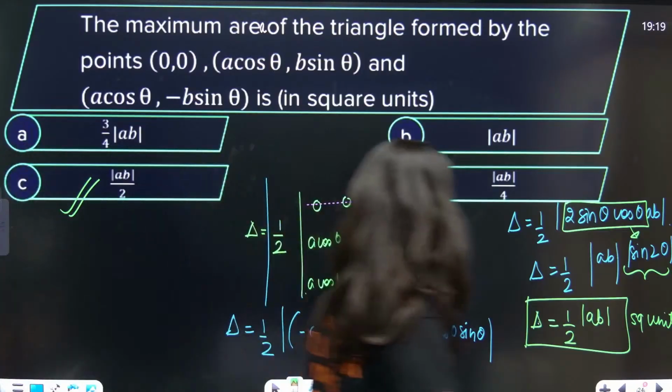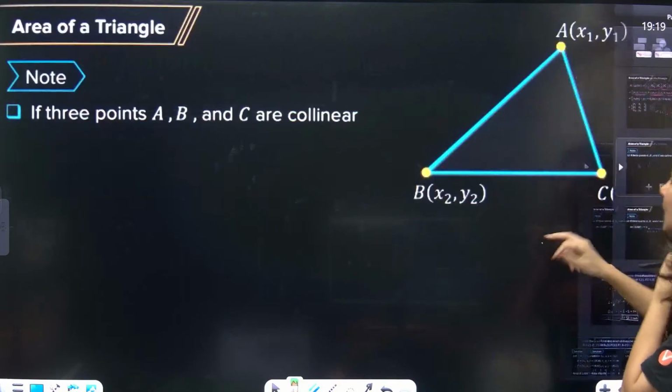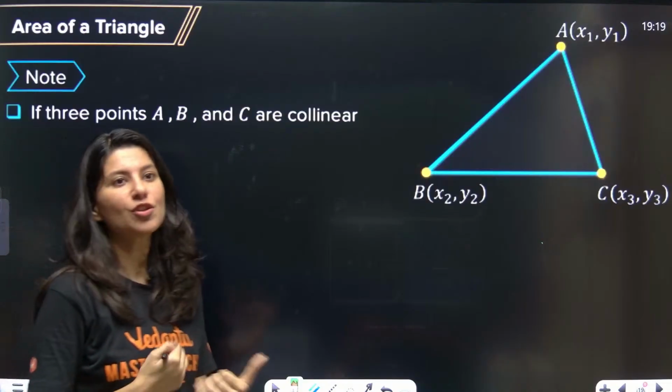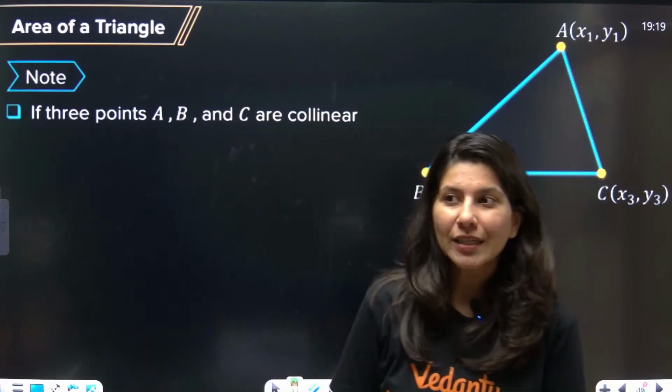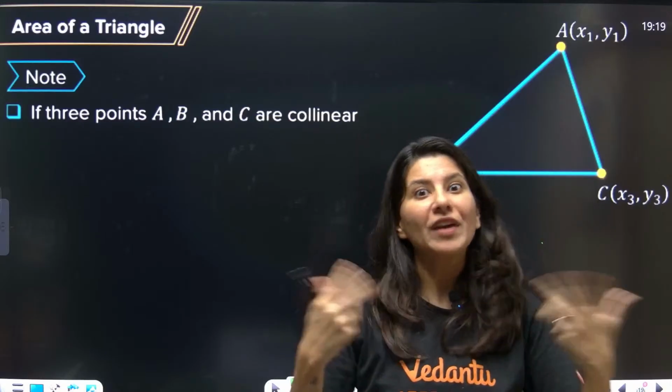All right. Now, from this particular topic, area of triangle, here comes a very important concept, which is the condition of collinearity. Condition of collinearity can be done through various chapters.